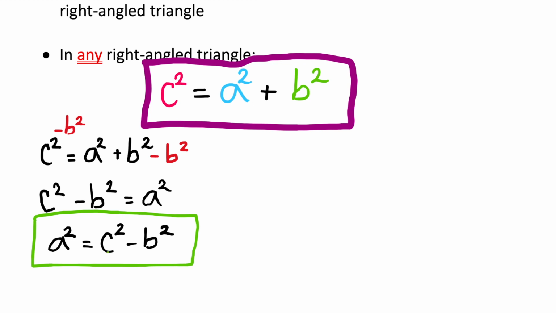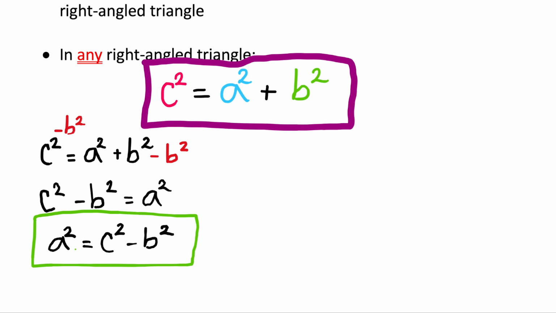So it makes sense that I'm taking away the shorter side from our longest side, the hypotenuse. Otherwise, I will get a negative number. So it makes sense what I got here, and therefore I can square root this to find the size of a. Don't worry if this is getting confusing. We're going to do some examples that are going to clarify that, but I just want to finish with all the theory before we go into some examples.